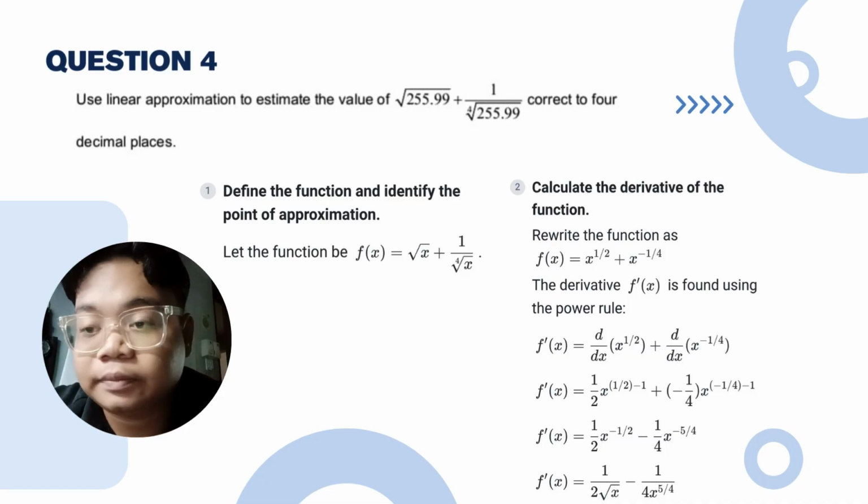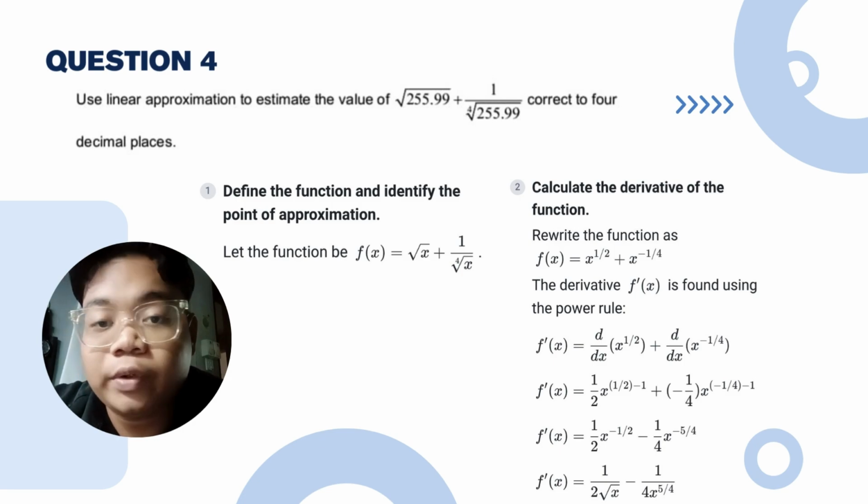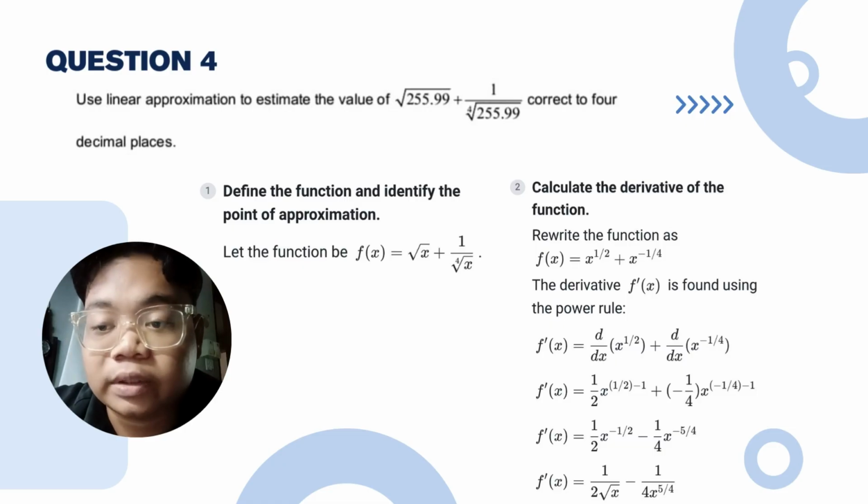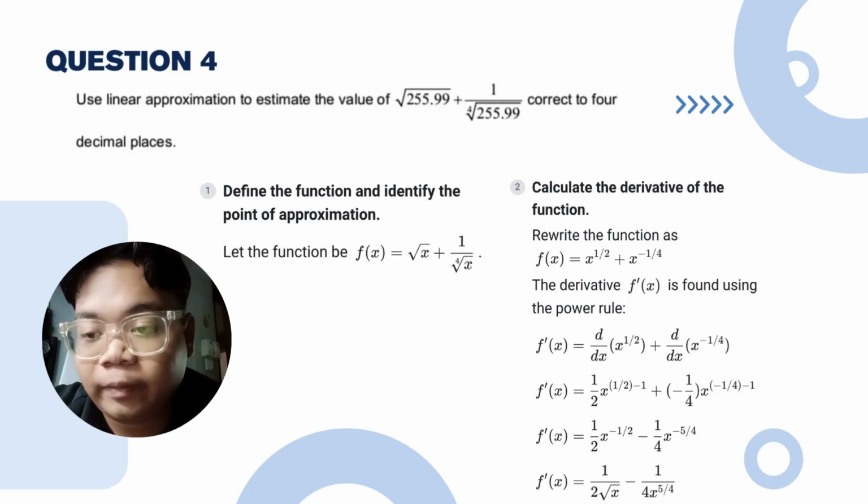Next, we are going to calculate f prime(256), and we get f prime(256) equals 1 over 32 minus 1 over 4096.